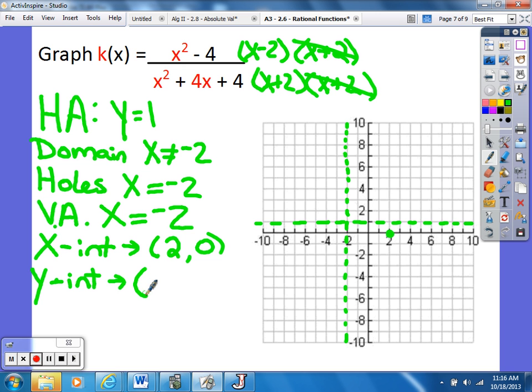So the y-intercept is 0, negative 1. Good call. How'd I get that? I plugged in 0 for x. Yep.